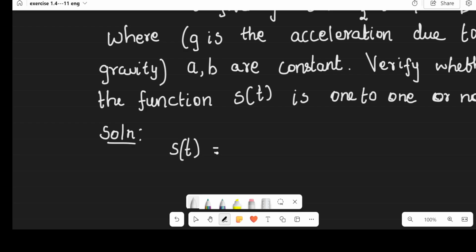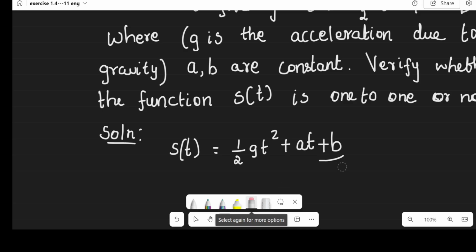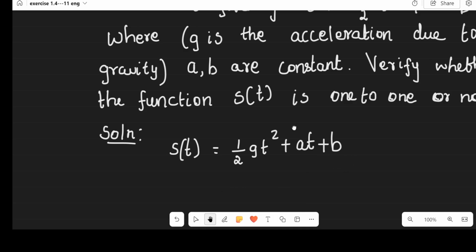S of t is given. What is S of t? 1 by 2 gt square plus at plus b. This is given. Actually, we have to find out whether this S of t is 1 to 1 function or not.